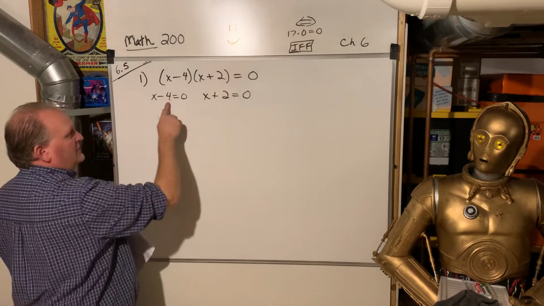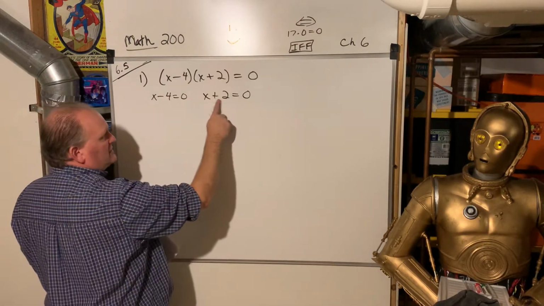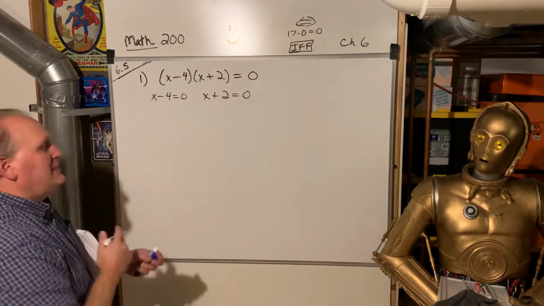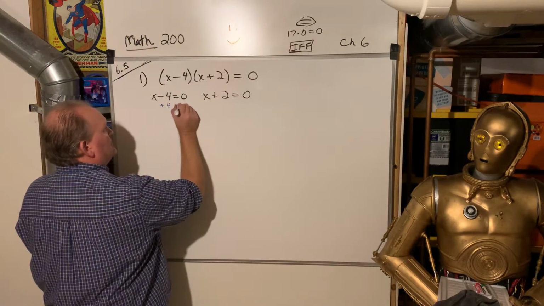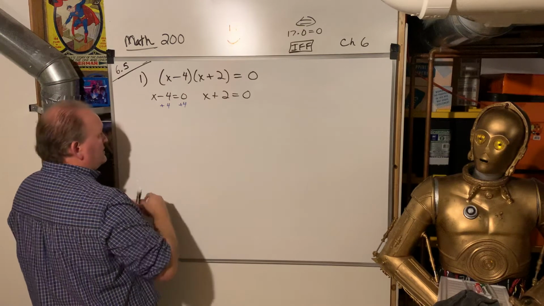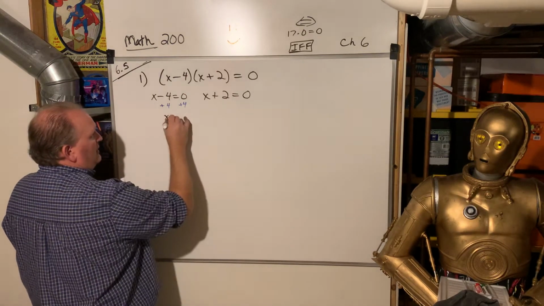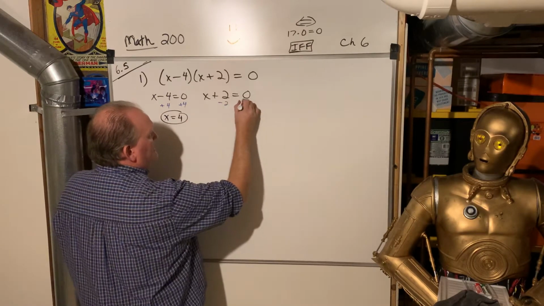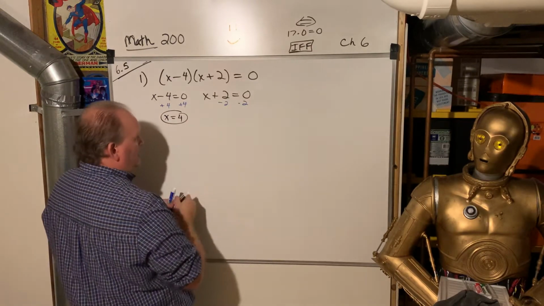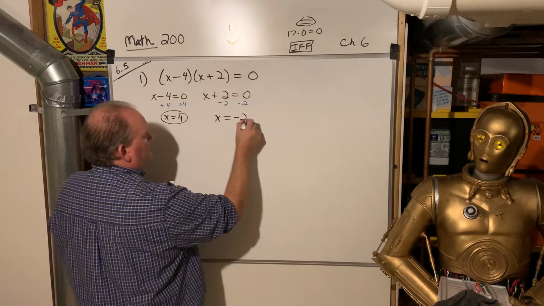You set that binomial equal to 0, that binomial equal to 0, and now you solve. This is what we did way back in the first chapters, like chapter 1 and 2. So we add 4 to both sides, isolate the variable, x is equal to 4. We subtract 2 from both sides, isolate that variable, x is equal to -2.